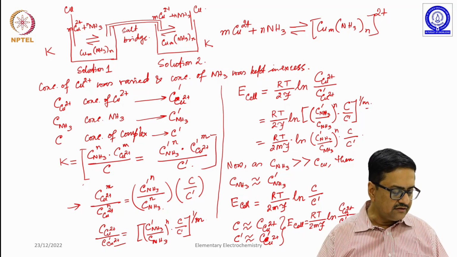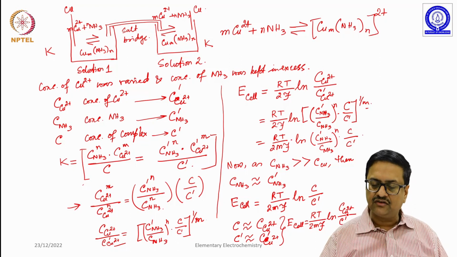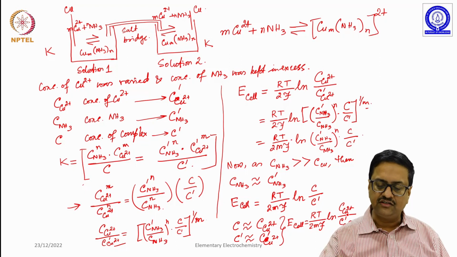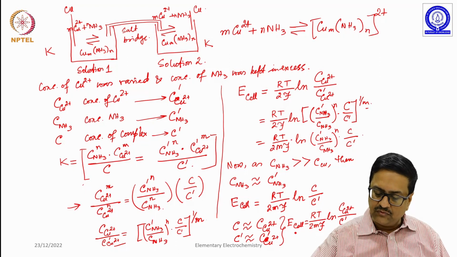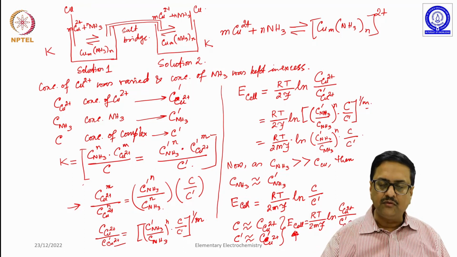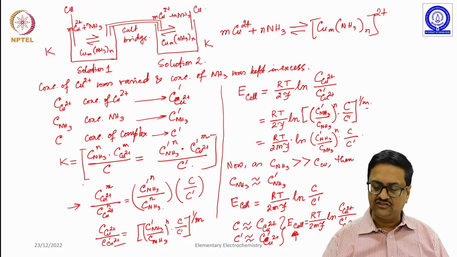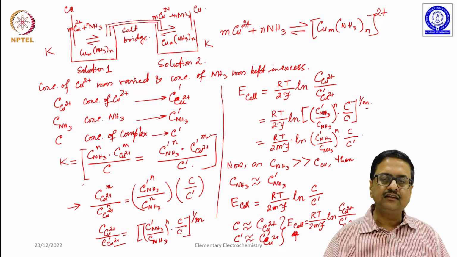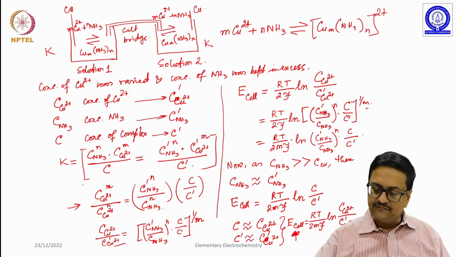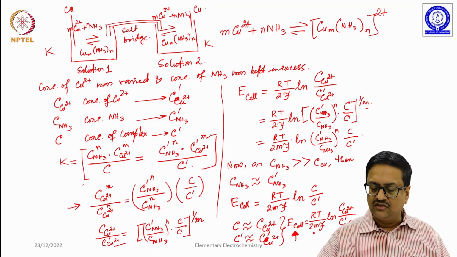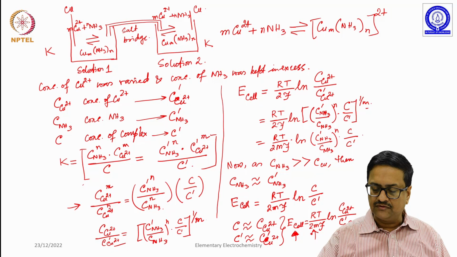So, now by just fixing the concentration of Cu 2 plus in two solutions, and by measuring the E cell using a potentiometer or by coupling it with some other half cell, normally it is by a potentiometer, one can easily determine the EMF of the cell, and by knowing the concentration of Cu 2 plus, one can determine the value of m.